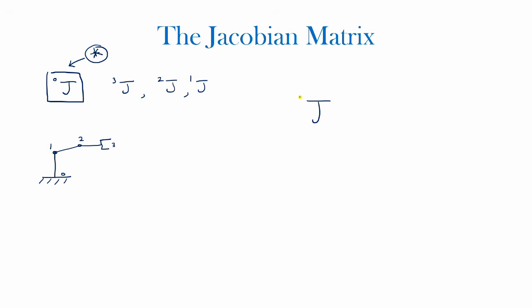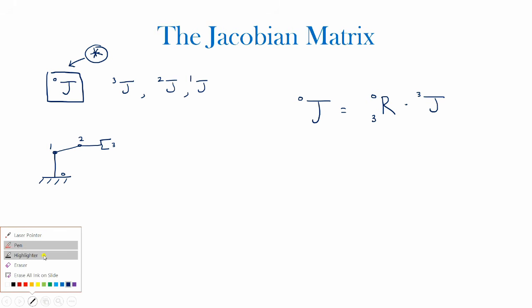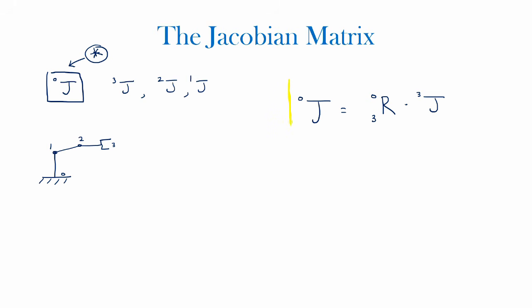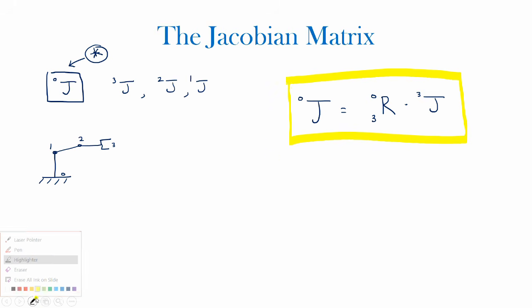The Jacobian in the base frame is equal to the rotation matrix from the base to any frame, I'm using 3 here as an example, times the Jacobian in that particular frame. Right, so you have to remember this equation.